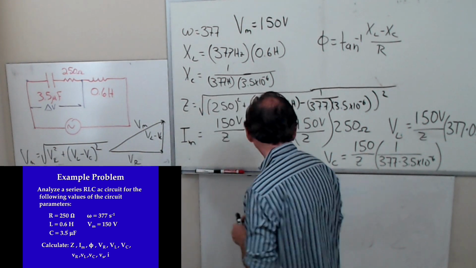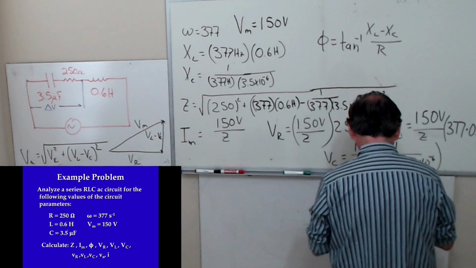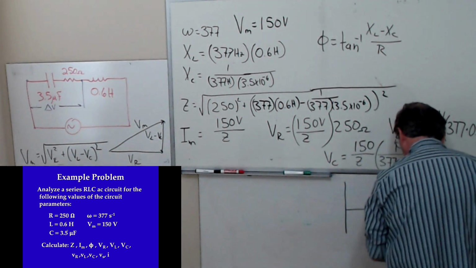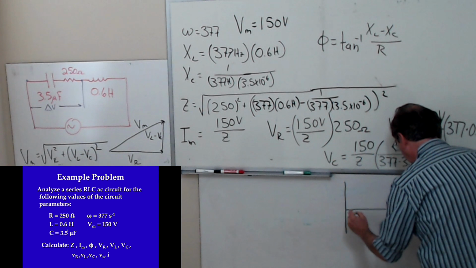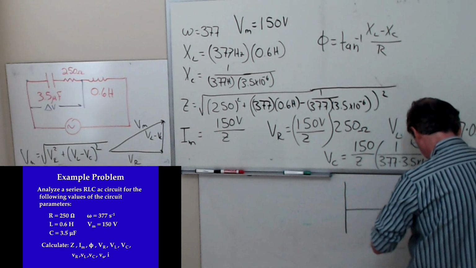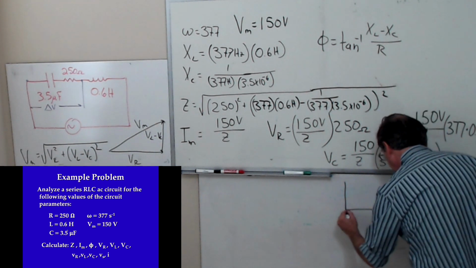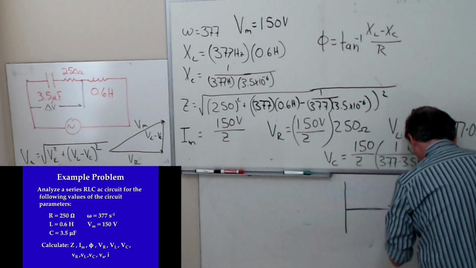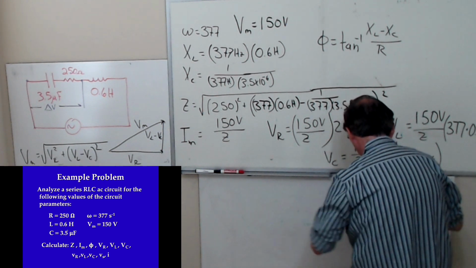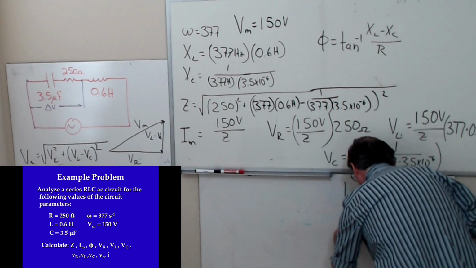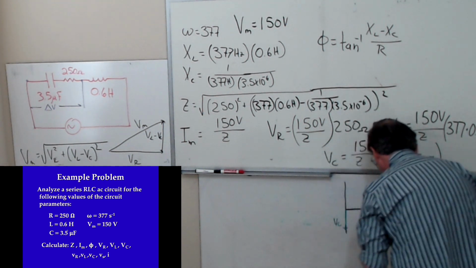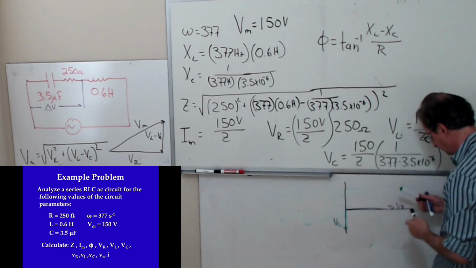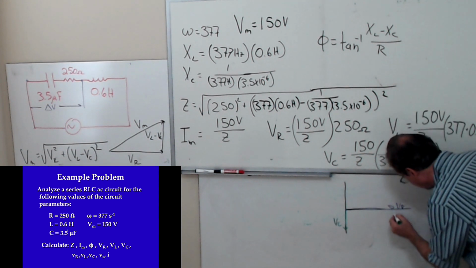All right. In fact, if you draw your phasor diagram and you draw V sub R, and then you draw V sub C, the sum of the voltages across them is going to be, well, I've got to draw a right triangle.